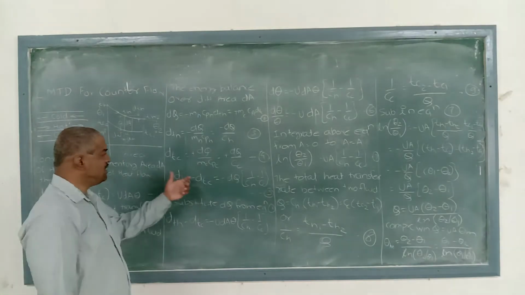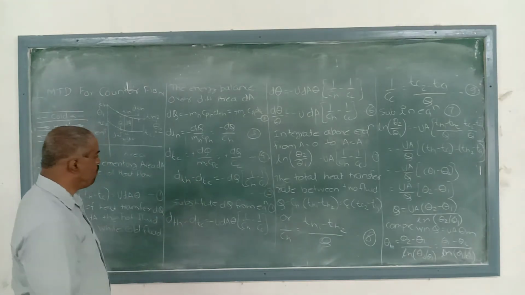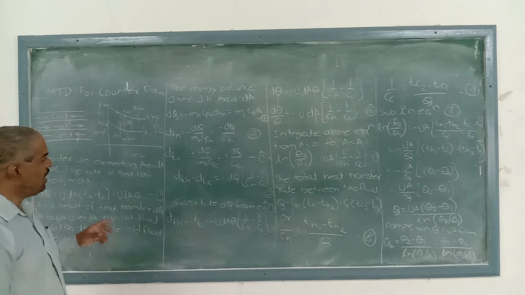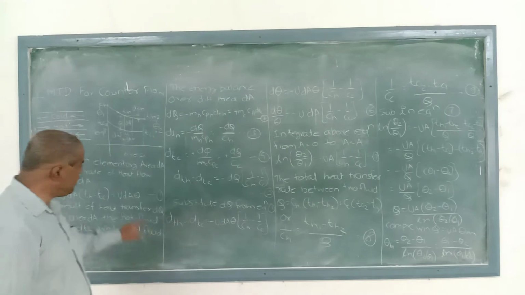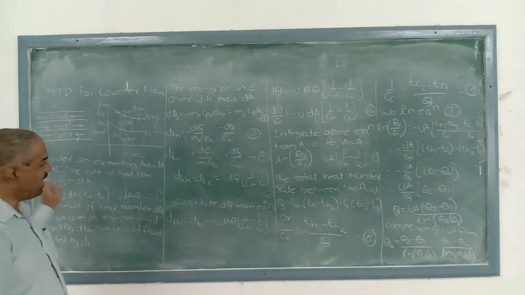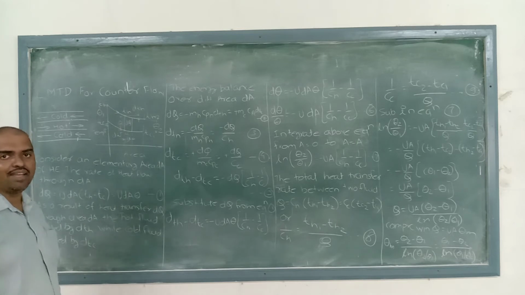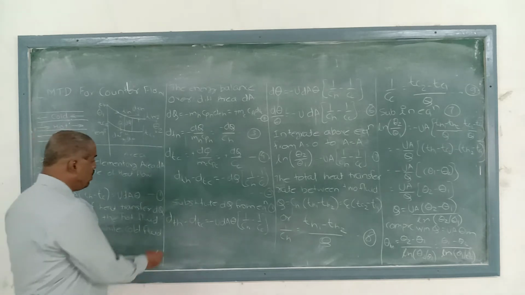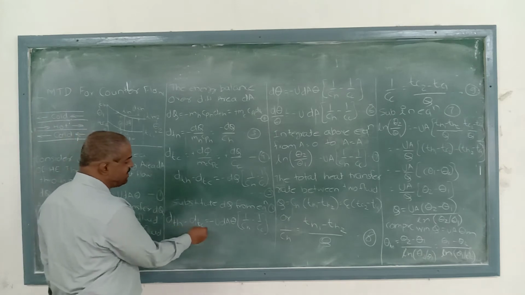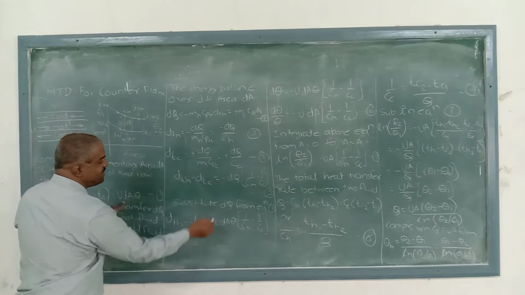Once you know this difference dTh minus dTc, we are going to substitute the dq value from equation number 1, where dq is equal to UA delta T, or d theta, as we are also calling it. So dTh minus dTc is equal to the minus sign as it is over here.